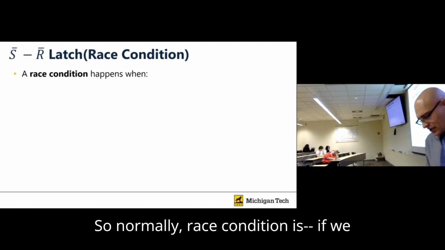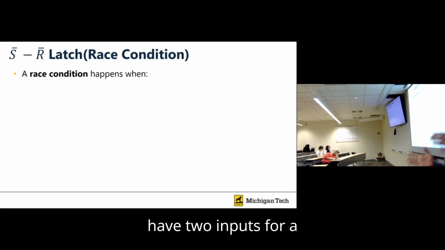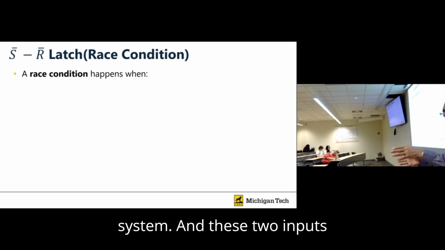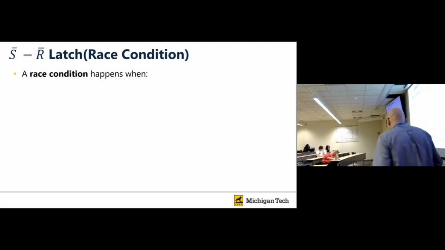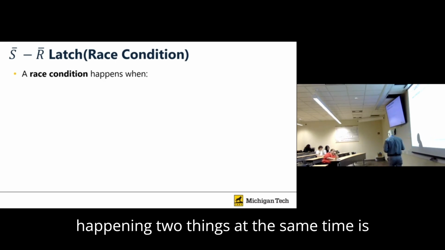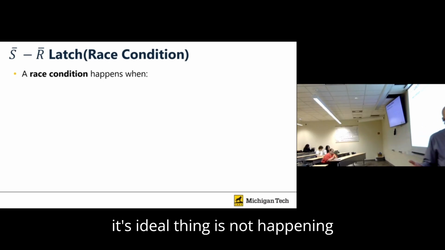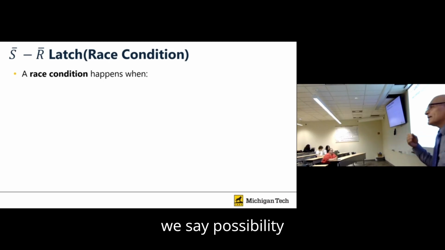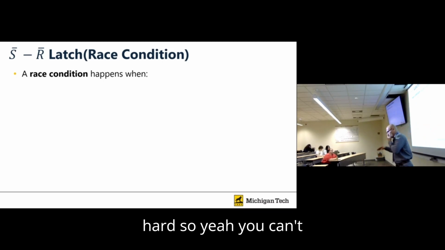So normally race condition is, if we want to define race condition, we need to have two inputs for a system. And these two inputs change together. However, two things happening at the same time is ideologically an ideal thing. It's not happening, or maybe we say the possibility of these two happening at the same time is hard.